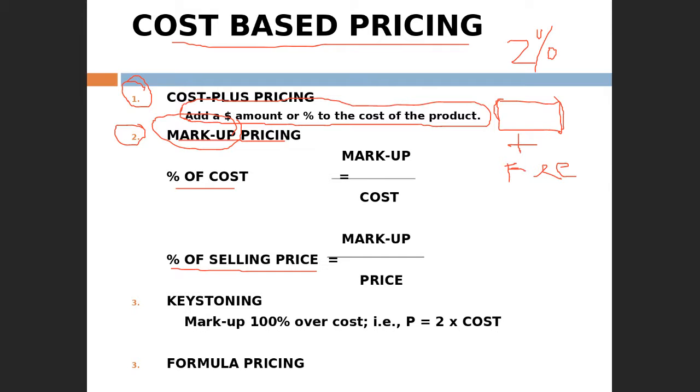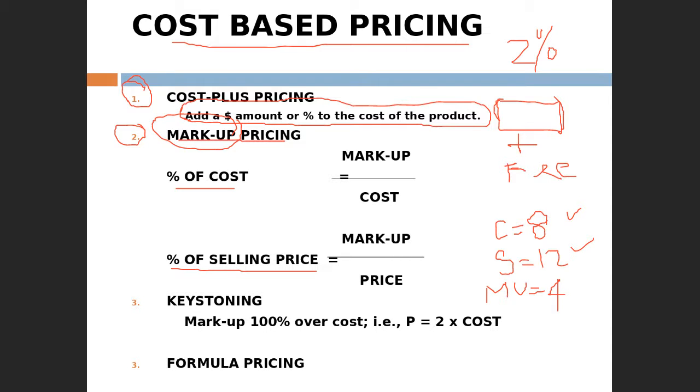Let's suppose I'm a retailer, I buy it at $8, that's my cost price, and my selling price for this is $12. So I'm buying it at 8, I'm selling it at 12. What is my markup on this? $4. So my markup is $4.